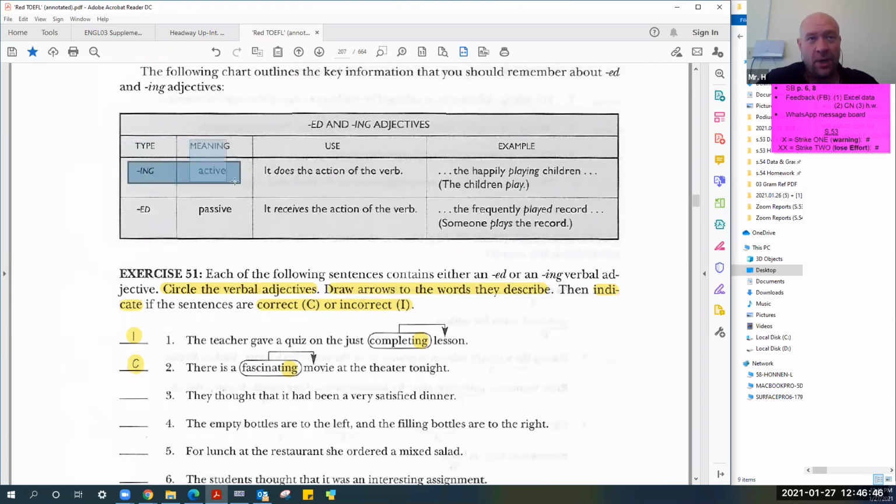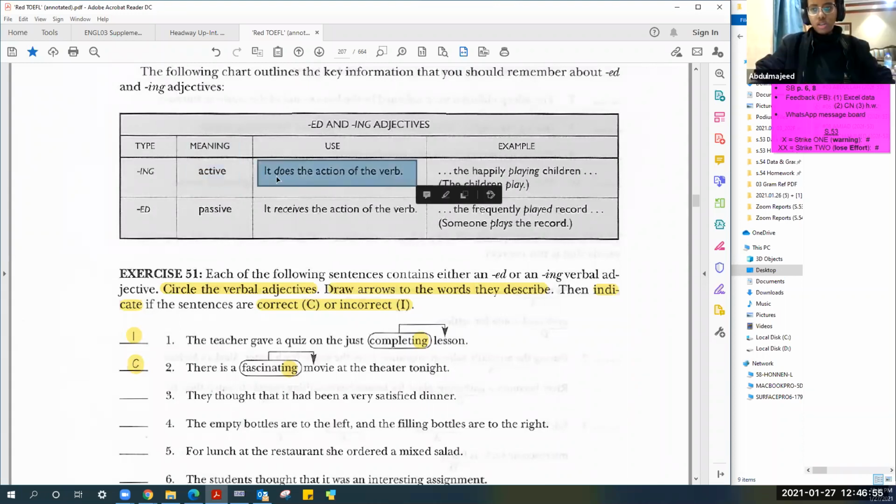Why is it active? Read that. It does the action of the verb. Yes. Okay. Saleh, example.